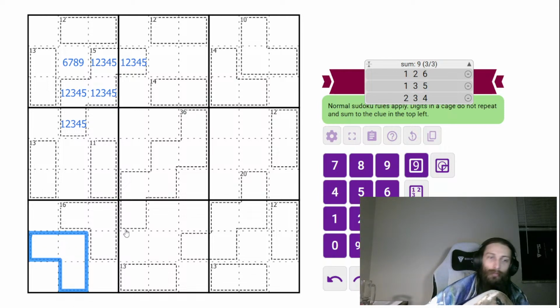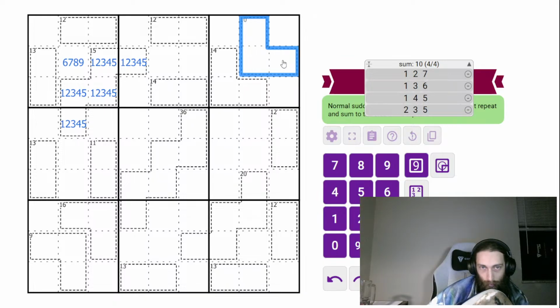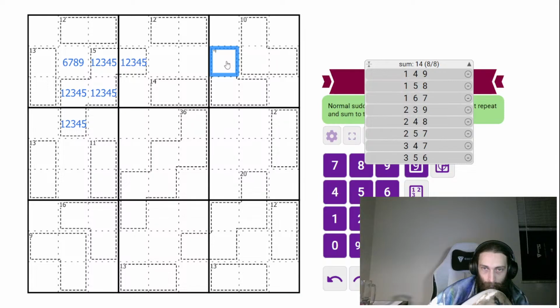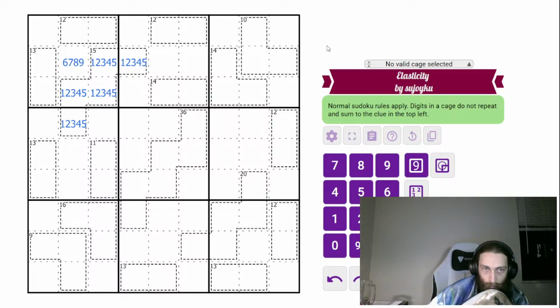But this is 2 digits from 1 and 2. Or 1, 2, and 3. This is 2 digits from 1, 2, and 3. No, it's only 1. Darn it. Yeah, that could have 2 and 3 in the 14.